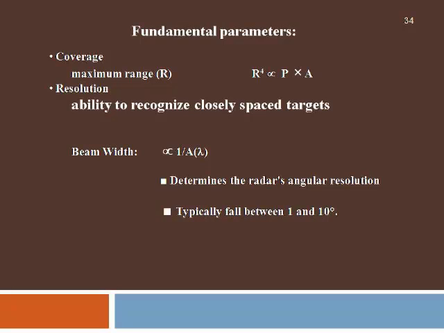So if we can put a large antenna, the beam width is going to be small and the resolution is going to be very high. The resolution we require will be in the range of 1 to 10 degrees.